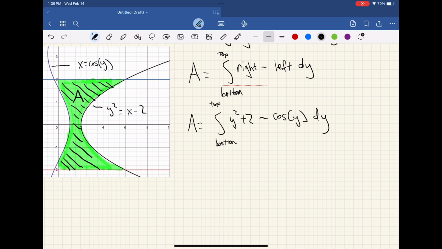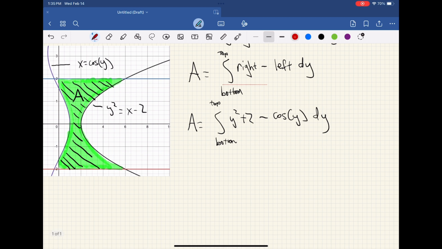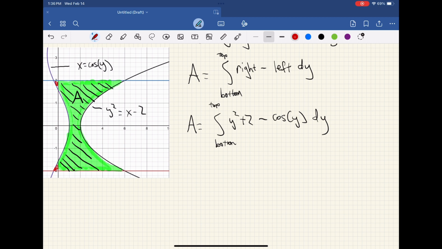Now, one problem you may notice is if we integrate y squared plus 2 from the bottom, meaning negative 2, to the top, 2, then we're going to get these areas to the left of the y-axis, which I'm shading in red right here. We don't want those. So what we need to do is take the integral for this part right here, and then take these parts separately and add them.